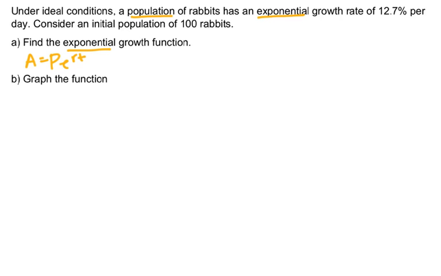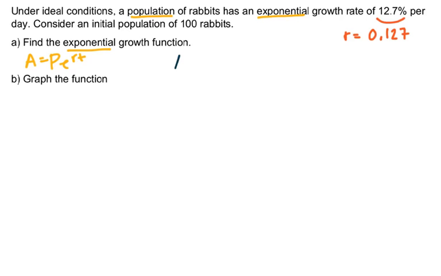So I know what my initial amount is, and I know what my rate is. My rate, 12.7%, R is 0.127. So make sure you take that percentage, even if it already has a decimal in it, and divide by 100. Percent means per 100, so divide by 100.